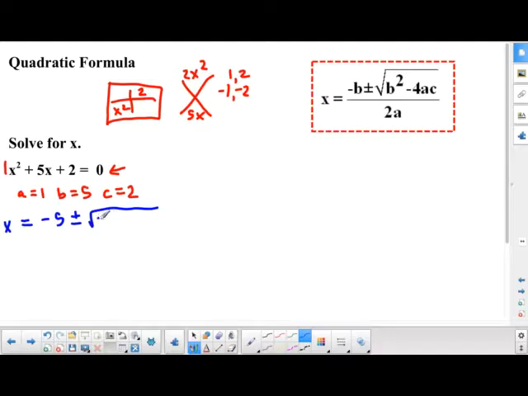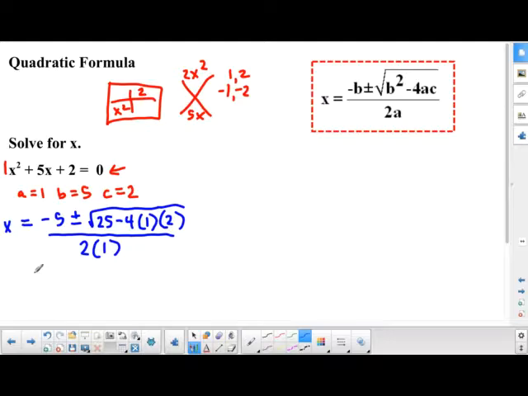So it's the square root of 25, and then it's always minus 4 times a, which is 1, times c, which is 2. Then it's all over 2 times a, so 2 times 1, because a is equal to 1. This is the beginning of plugging the values into our formula. You can see all the a's, b's, and c's are just numbers.